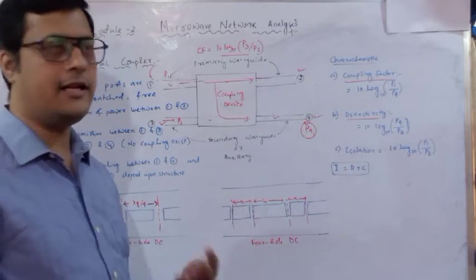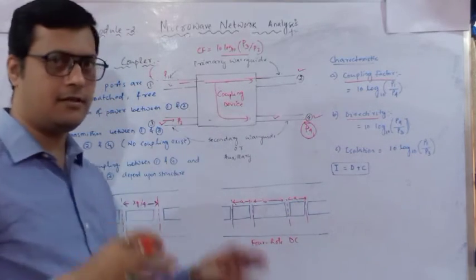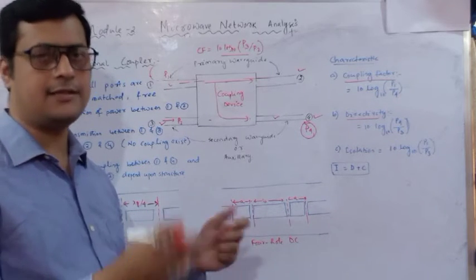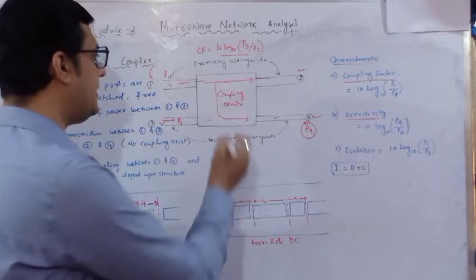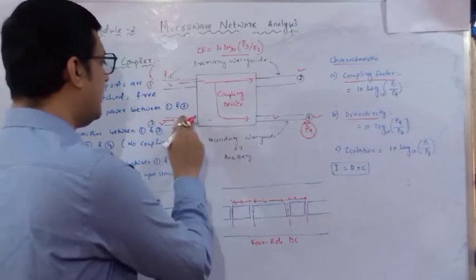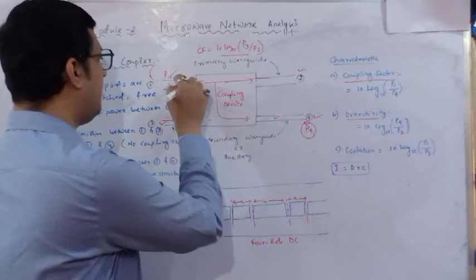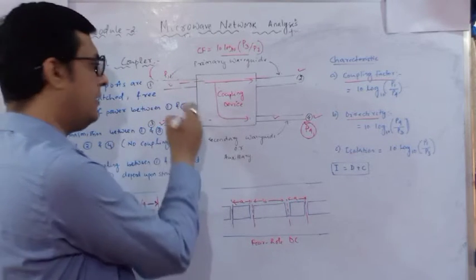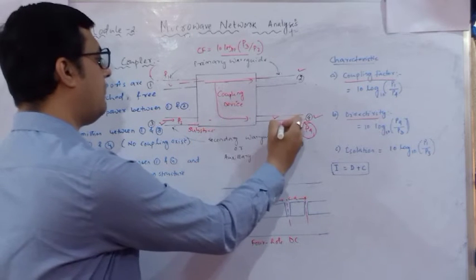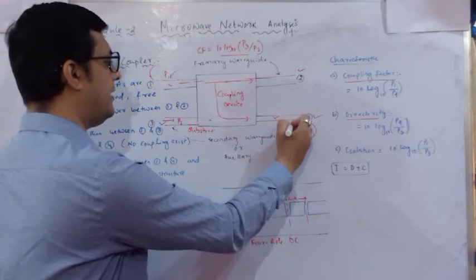And there is no link between 1 and 3 because some cancellation will be there. I will tell how the fields are going to be cancelled, and that cancellation results here in 0. Basically, this third port, if you are providing the power at port 1, the third port is called subtractive and port 4 is called additive.